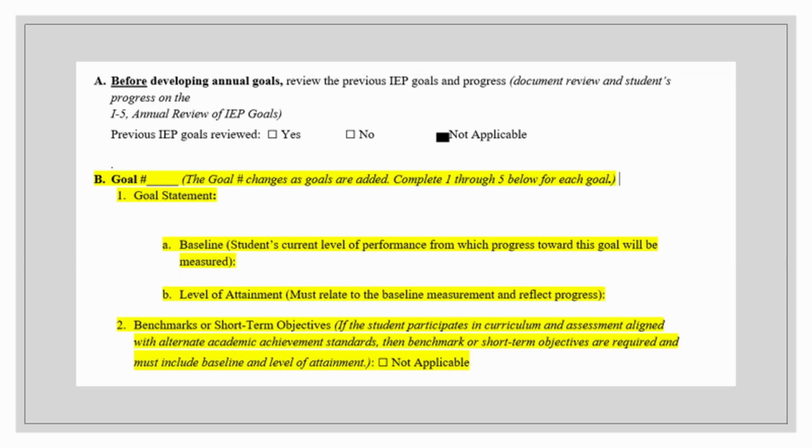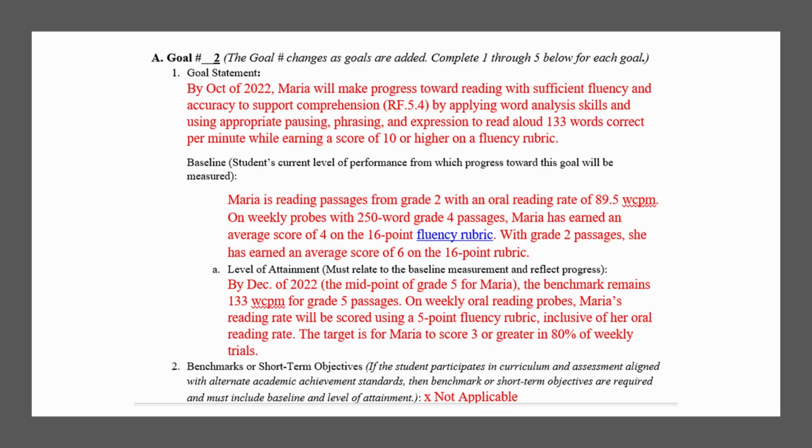From the statement that we had crafted related to phonological and decoding skills, we'll develop an IEP goal. Every goal must address one disability-related need. A sample of an IEP goal that addresses the disability-related need for Maria.